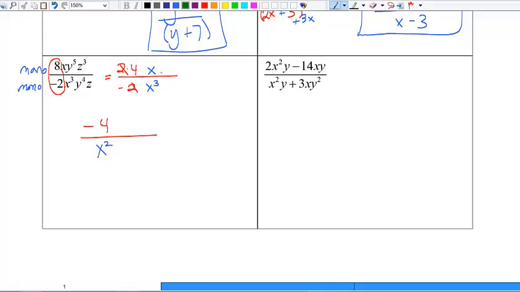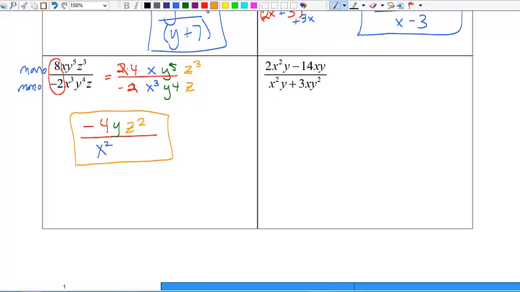My y's, I have 5 y's in the numerator, 4 y's in the denominator. After I divide, I'm going to subtract my exponents, and I'm left with 1 y in the numerator. And then with my z's, I have 3 z's on the numerator and 1 z in the denominator. When I divide those out, I have 2 left, and that's in the numerator.